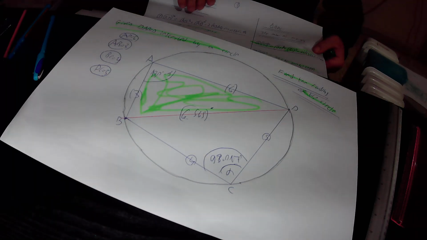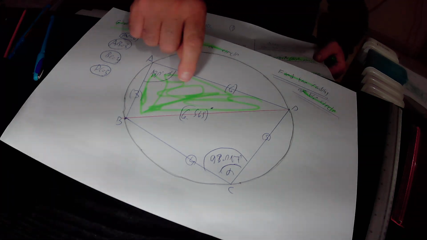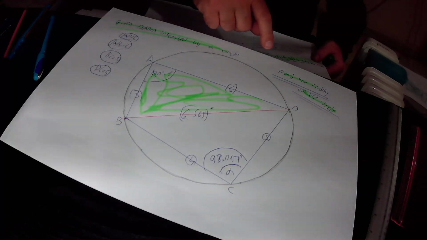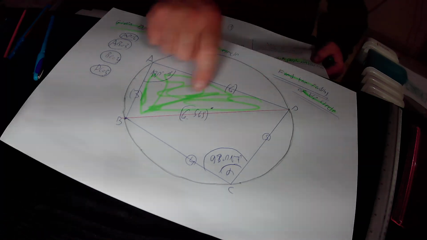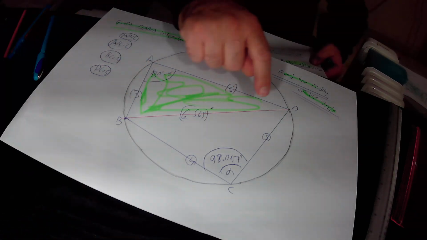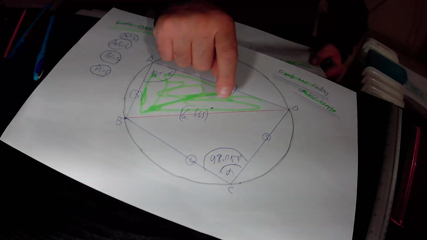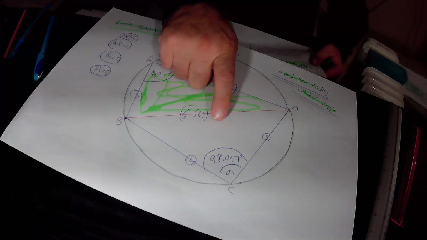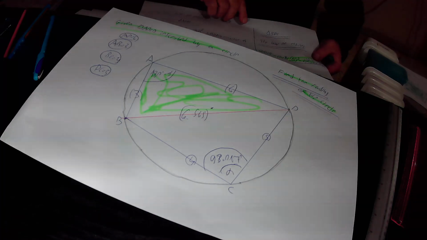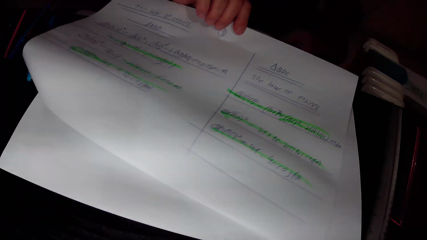The next step is to apply the law of cosines in this lower triangle BDC. According to the law of cosines in this lower triangle BDC, the following equation holds: BD square equals BC square plus DC square minus 2 times BC times DC times cosine alpha.